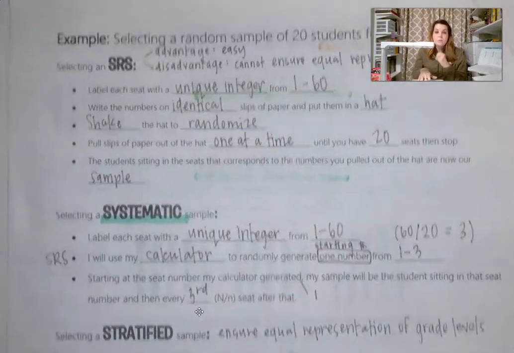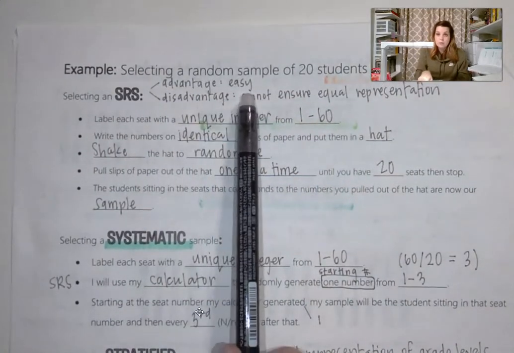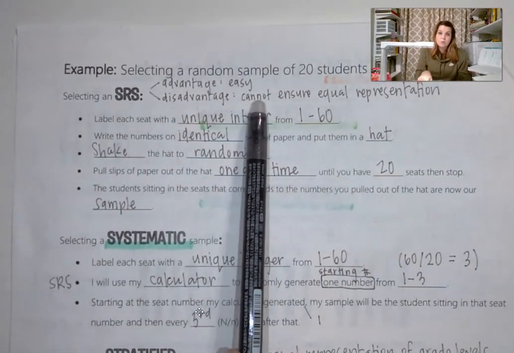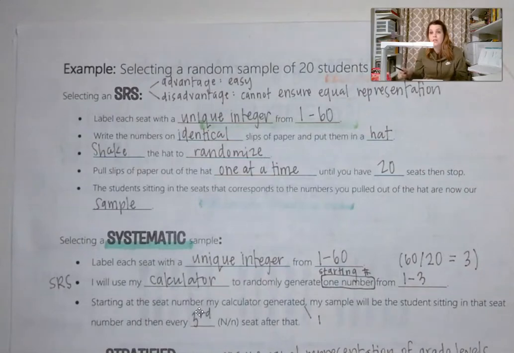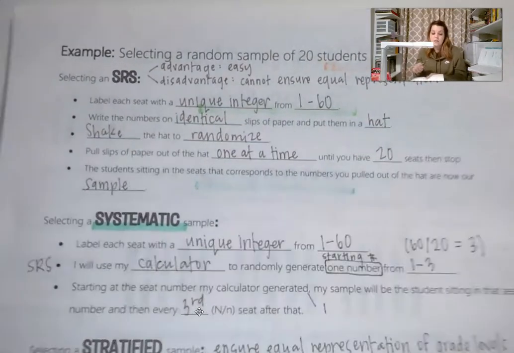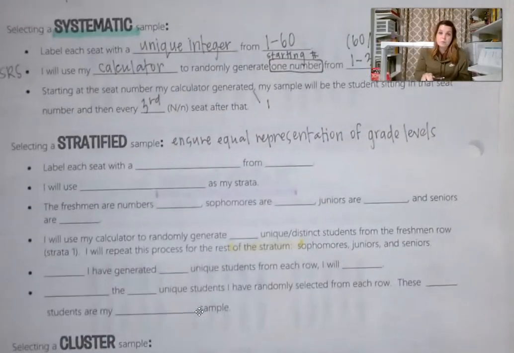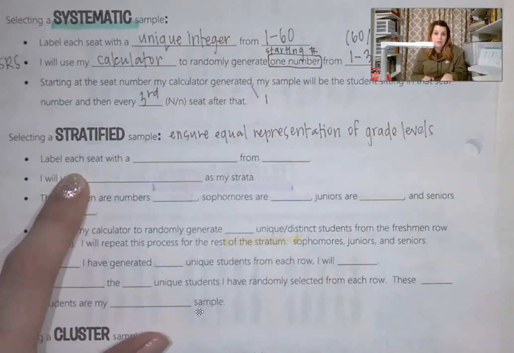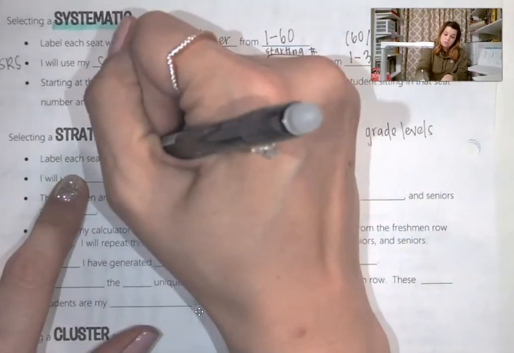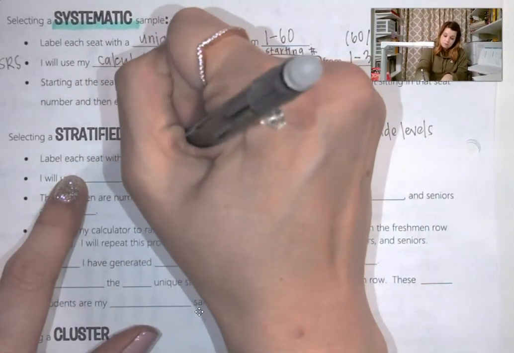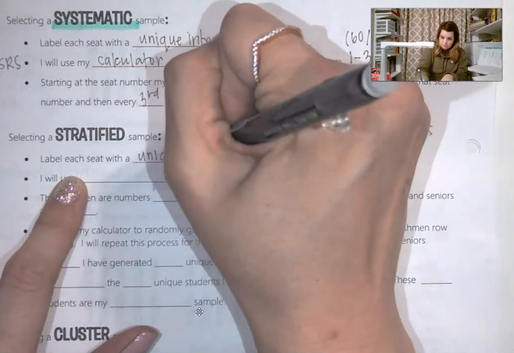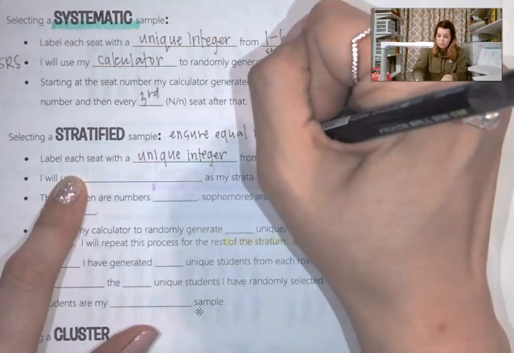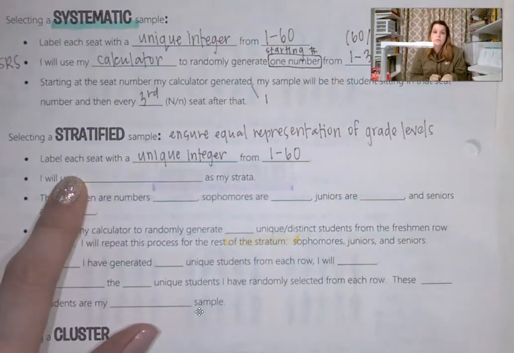So remember, a simple random sample, you could end up with a bunch of 9th graders in your sample. And if you're sampling about the parking, not a great idea. But with a stratified sample, we can ensure that the same amount of kids from each grade level get pulled into our sample. Starts the same as all the others. You're going to label each seat with a unique integer from 1 to 60.